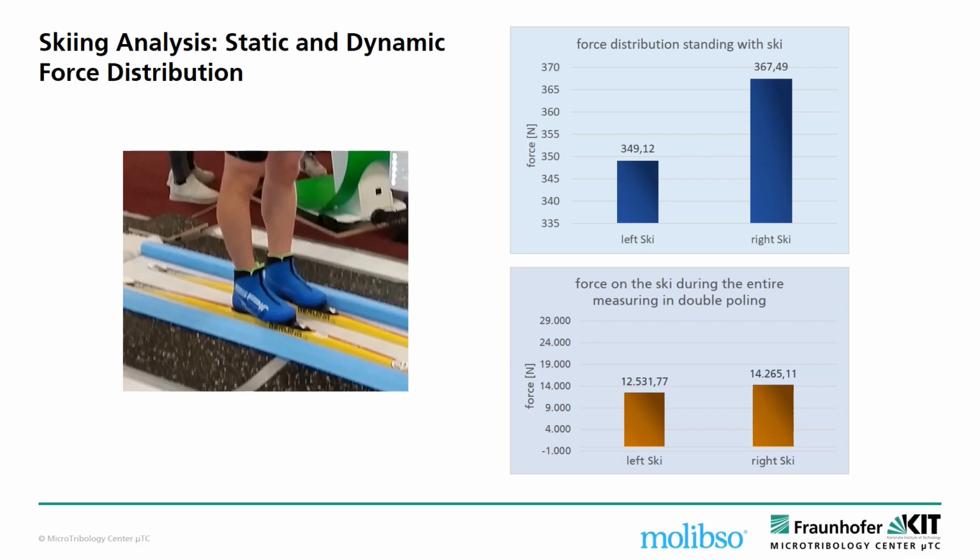And although averaging across the entire cycle, we see those differences, 12,000 to 14,000. So this is again a proof that the deviation in the gait behavior and the gait pattern goes all the way to the skiing position and to the results for skiing.